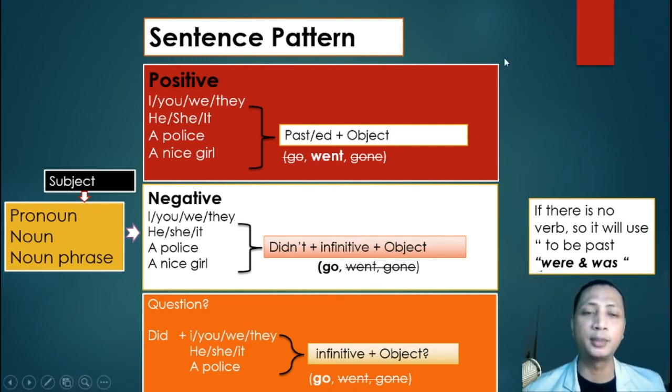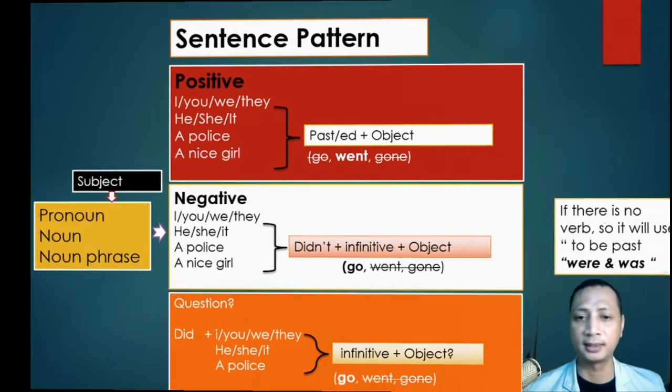Why do I put was? Because late is an adjective, not a verb. So that's why we put to be past. Remember, we put was and were in the past if there is no verb after the subject. So that's the pattern for past and the use of was and were in the past tense.